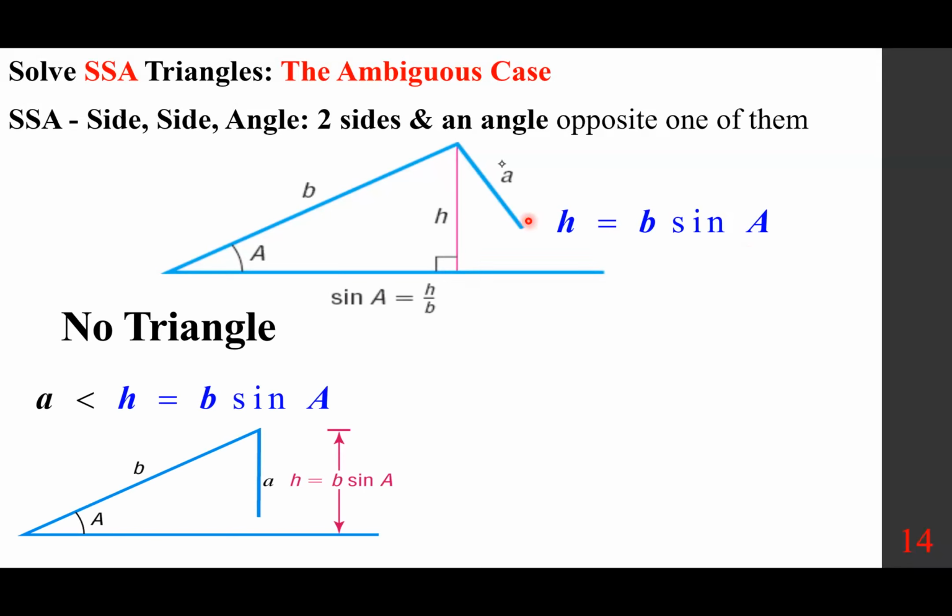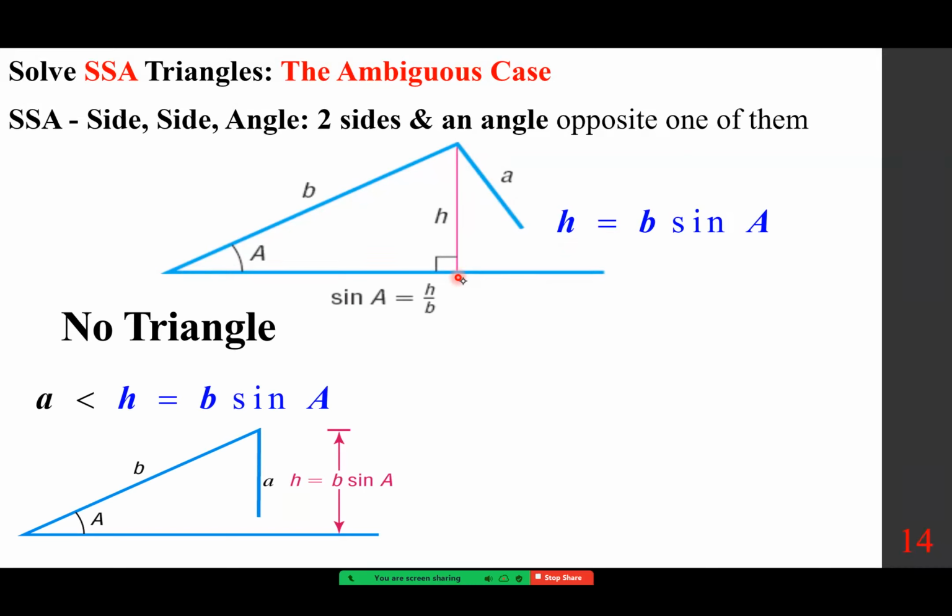If this side A is less than H, which has the value of B sine A, there is no triangle because it never reaches the other side. Why is that?